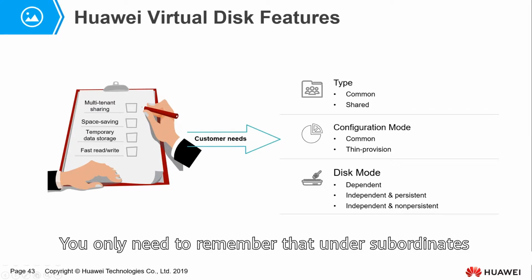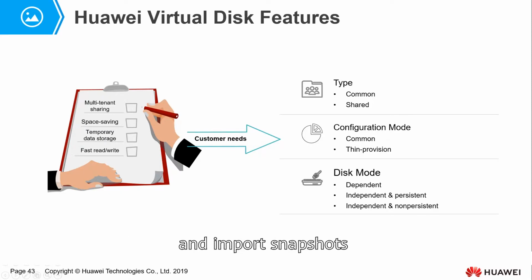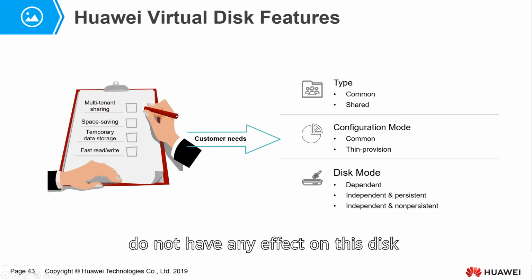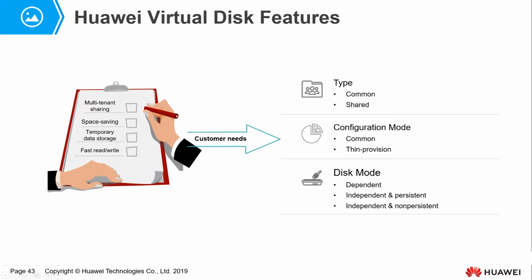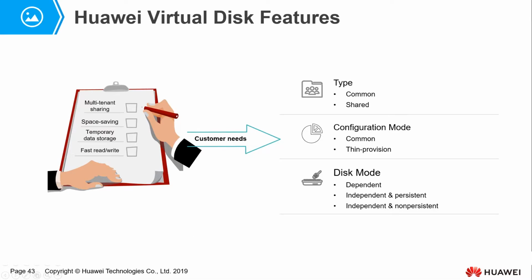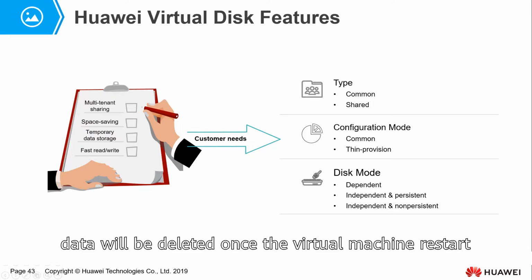You only need to remember that in dependent mode, this disk will be included in both creating snapshots and restoring snapshots. In independent mode, snapshots and restoring snapshots do not have any effect on this disk. In independent and persistent mode, data will be flushed, that is, written to the hard disk. In independent and non-persistent mode, data is not flushed. Data will be deleted once the virtual machine restarts.